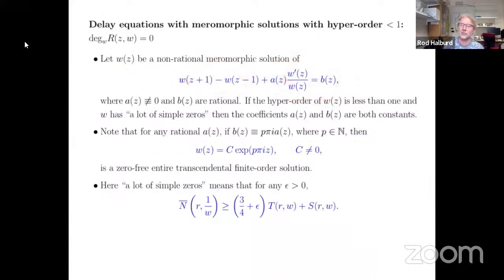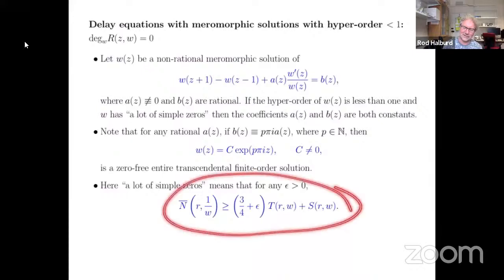So this kind of breaks up trivially for this one solution into a difference equation and a differential equation that can both be simultaneously satisfied. And that creates some technical issues that aren't there for pure differential or for pure delay equations, at least in general. What we mean by lots of simple zeros, if you know any Nevanlinna theory, is this thing.